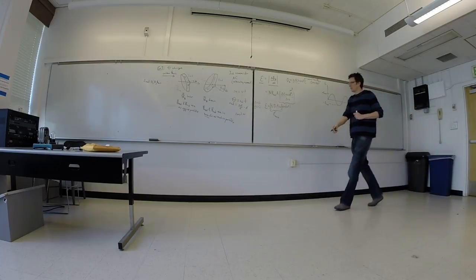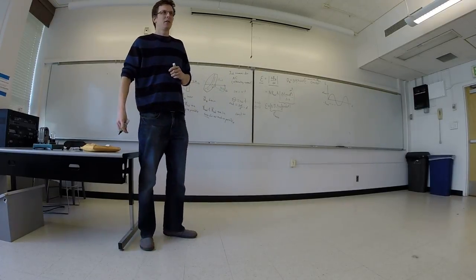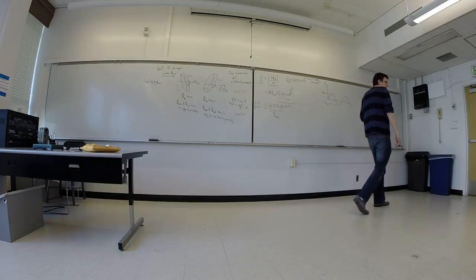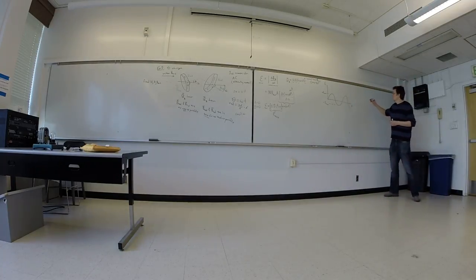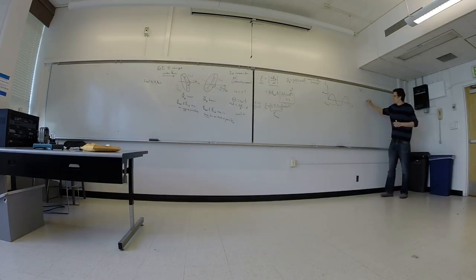So this is definitely the first time where, despite our best efforts, we do have a sign on the EMF. So I'm going to say a few brief words about that. It's no big deal. Here's what we have. When we have a DC circuit, we have a source of EMF like this. We draw it like so.